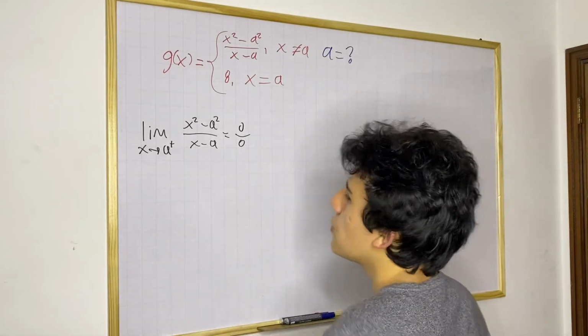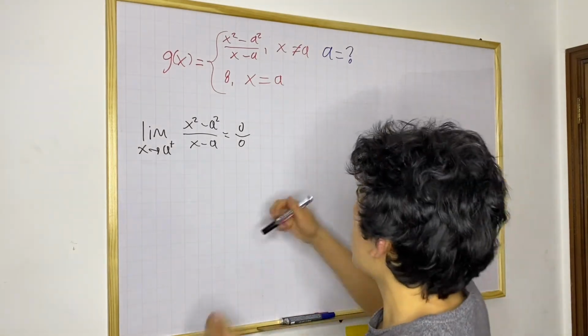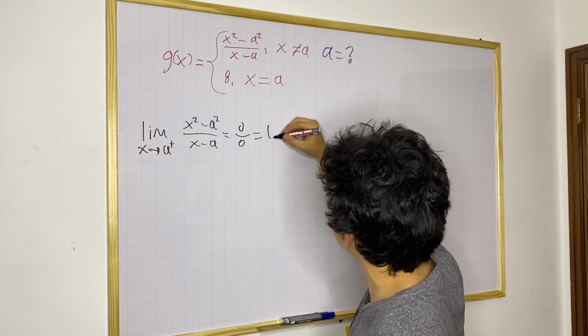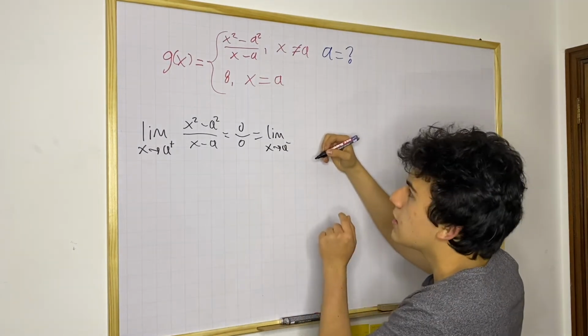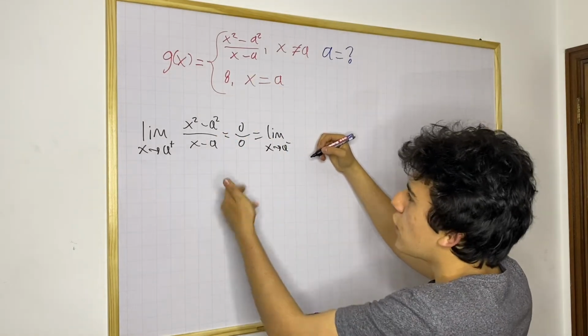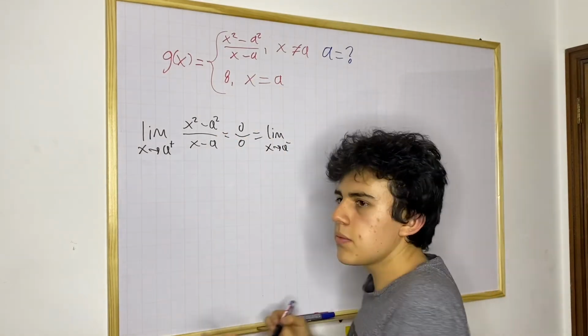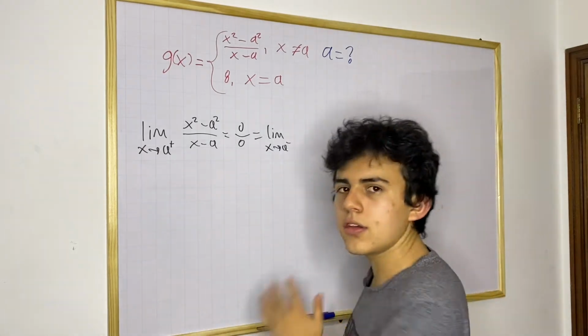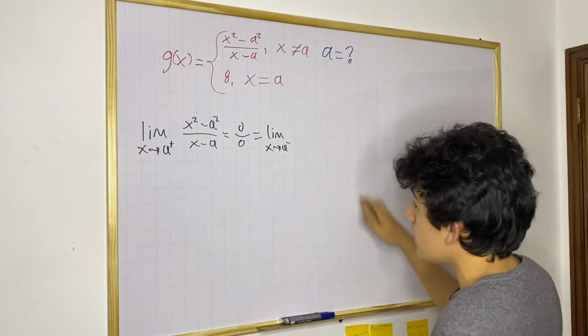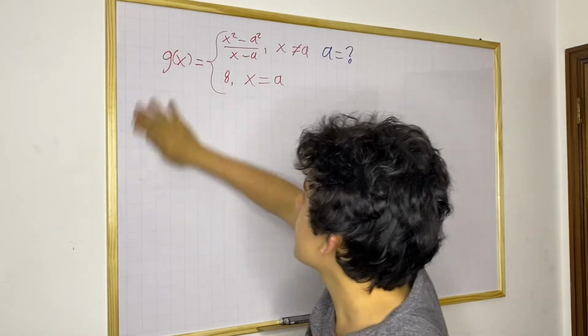We can't really do anything in here. So if we say also the limit as x approaches a from the left side of the same function, we would get an indefinite value equals an indefinite value. So what I'm trying to show you here is that we cannot use the conventional method. So now this doesn't work.